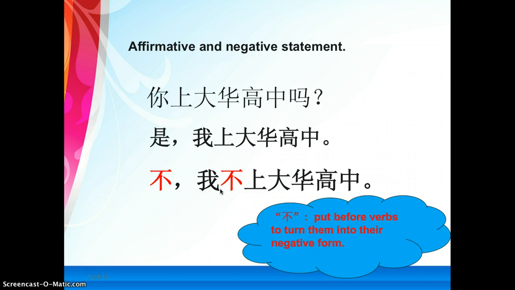Go, 不, it's like 也. They always go before the verbs. Not like English, like he does not, where not goes after does. Don't think about it like this, or it will confuse you. So 我不上大华高中. Okay.